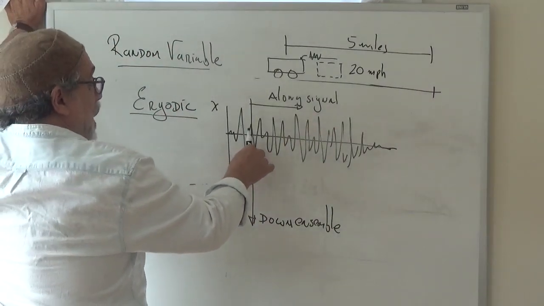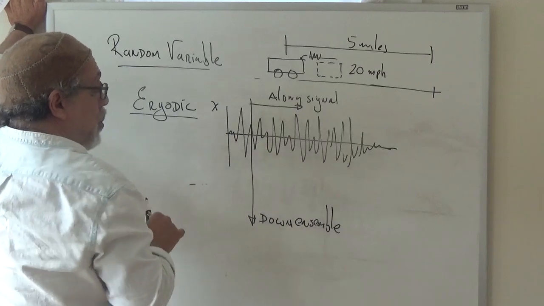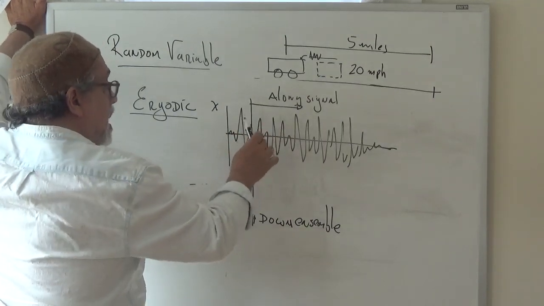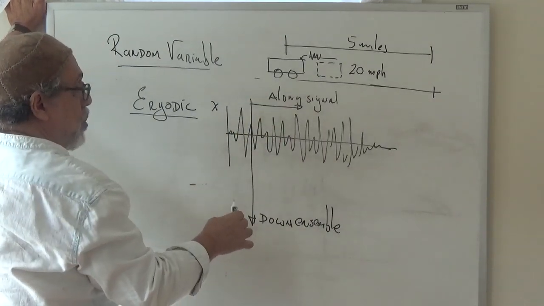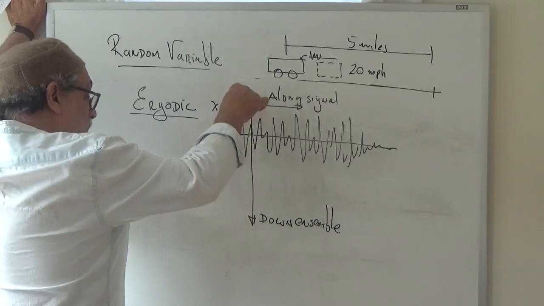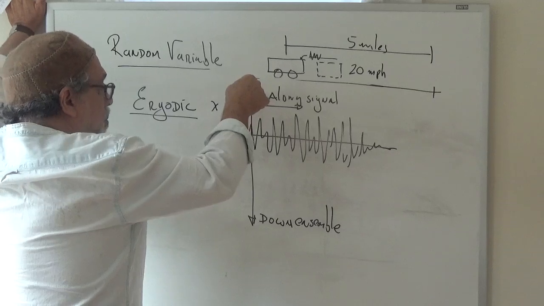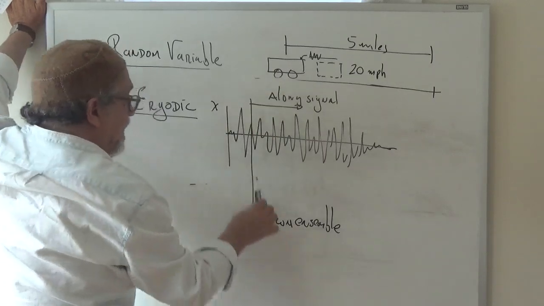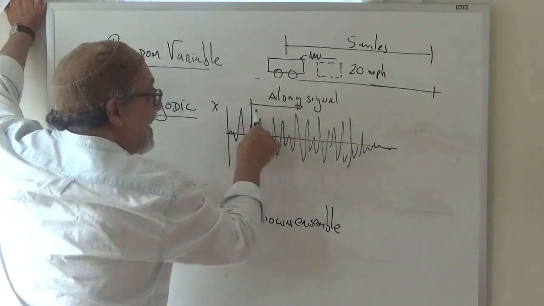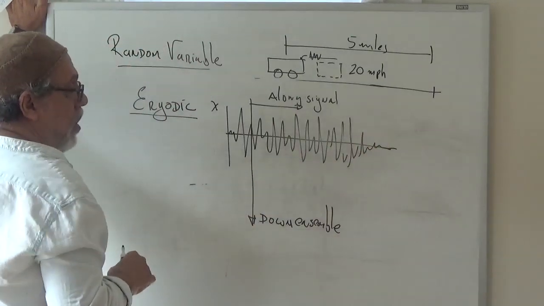So if I want to know what is the mean of the probability distribution, I can find the mean. Of course, I'm assuming stationarity also, but I don't need to find the mean by doing the realization many times. I just calculate the mean of the signal in time and I call it the same.